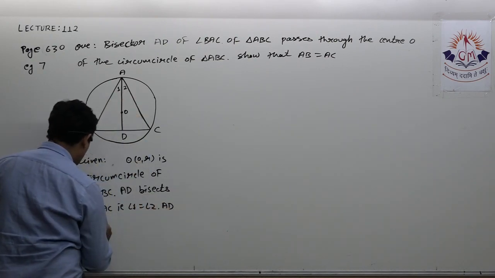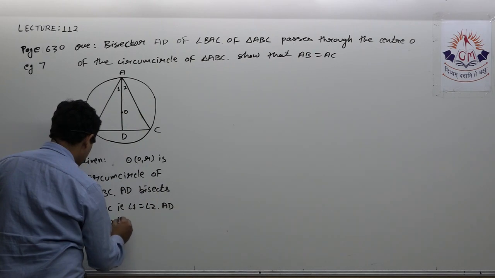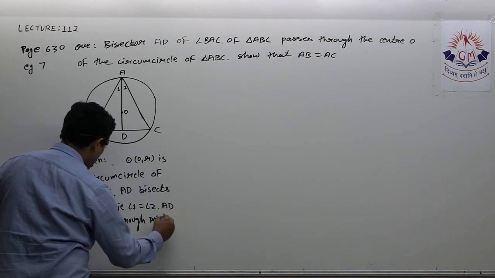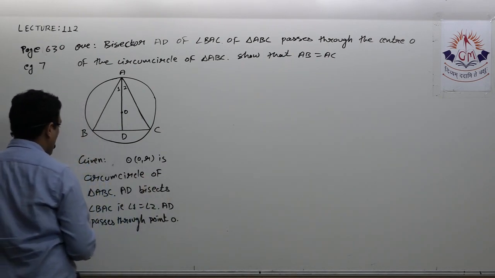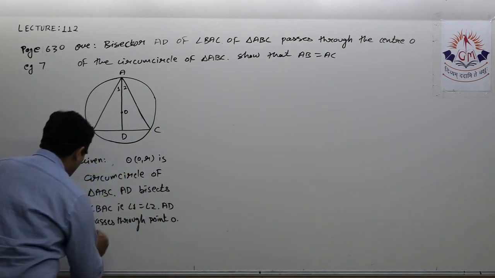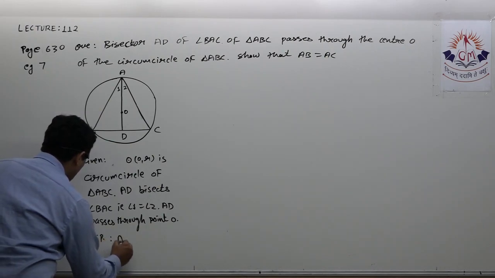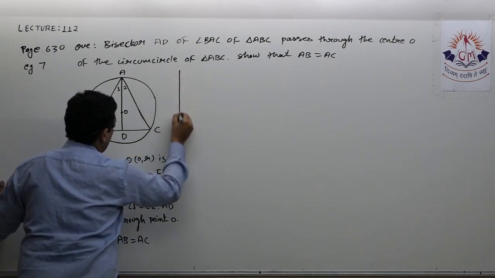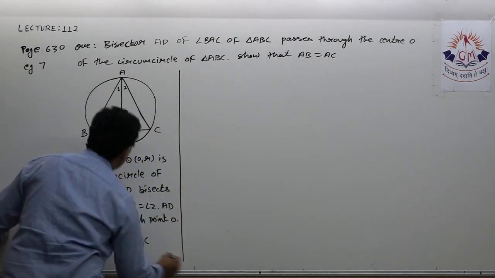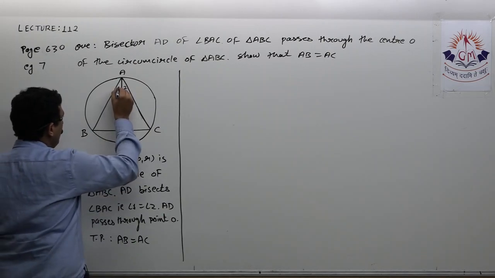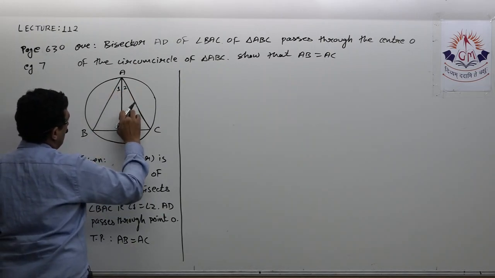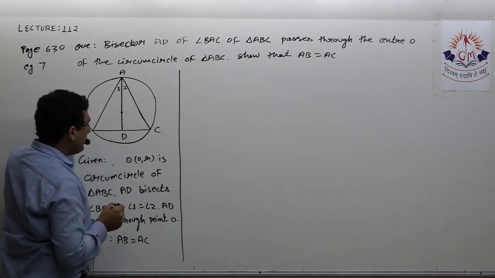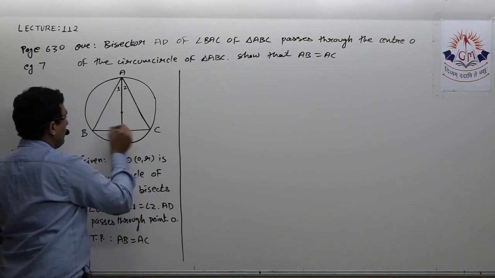AD passes through point O. So to prove AB equal to AC, one angle is given directly and this is also given directly.